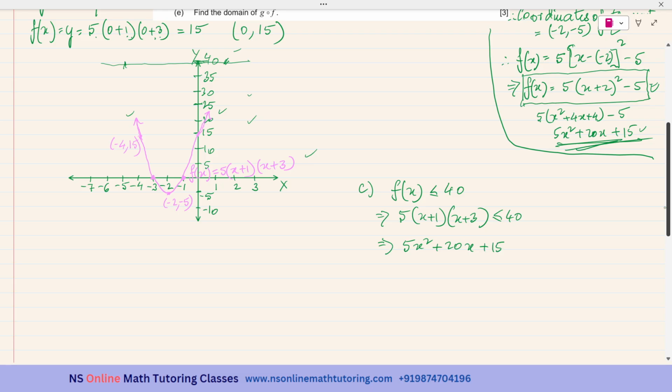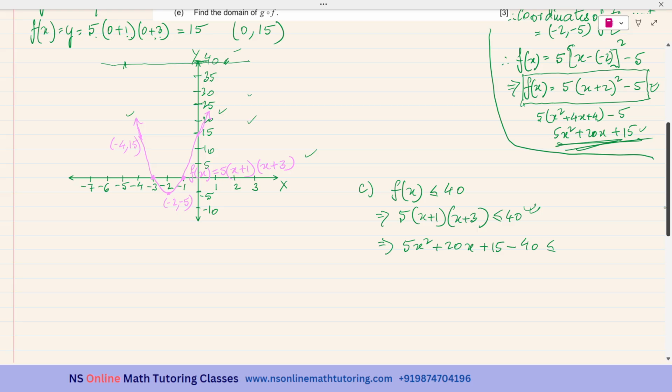Since this is a quadratic expression, for solving a quadratic inequality or equation, what do we do? We get all the non-zero terms to one side of the equal to sign or the inequality and make the other side equal to 0. So we will be adding negative 40 to both sides.